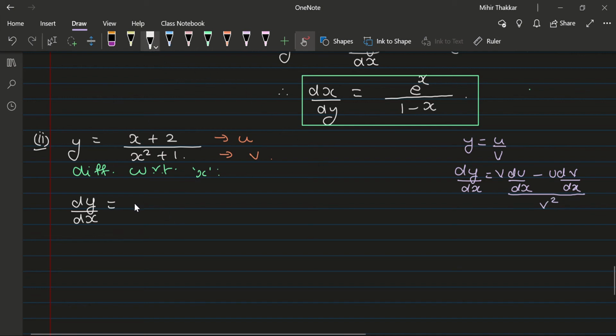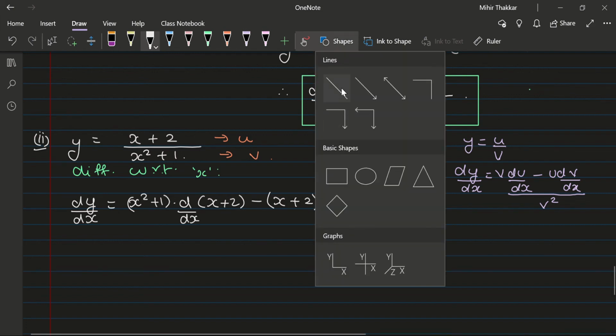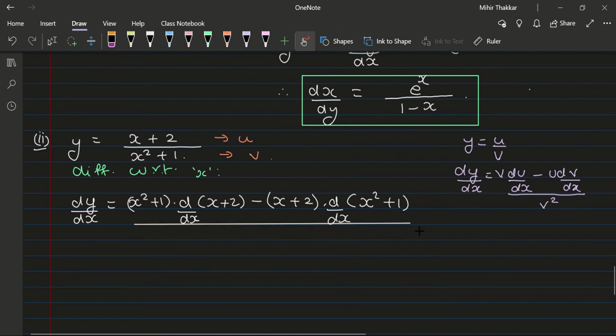So here, x square plus 1 into derivative of x plus 2 minus x plus 2 into derivative of x square plus 1, and whole upon v square, that is x square plus 1 the whole square.